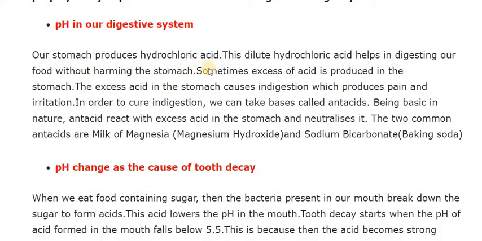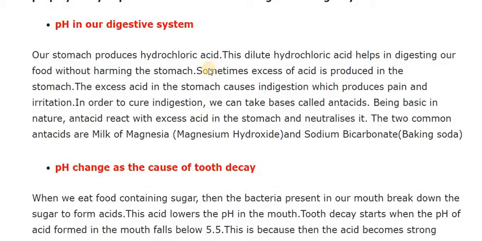As we studied in life processes, the digestive part, the stomach wall secretes gastric juice, and in that gastric juice dilute hydrochloric acid is there. What is the function of this dilute hydrochloric acid? It kills the germs and bacteria present inside the food, and it also creates the acidic medium in the stomach.